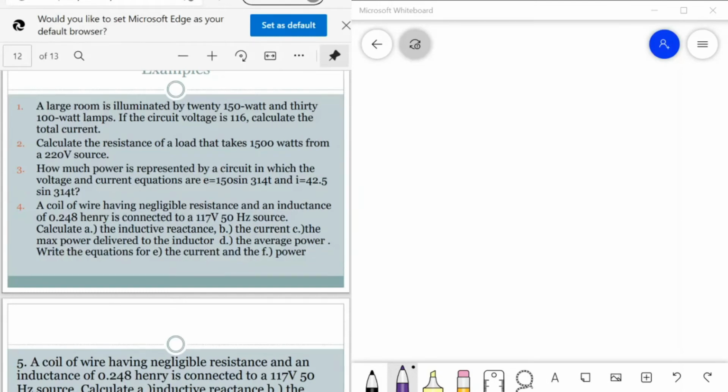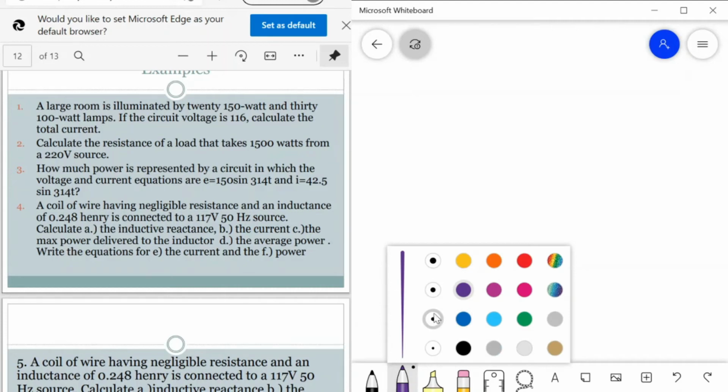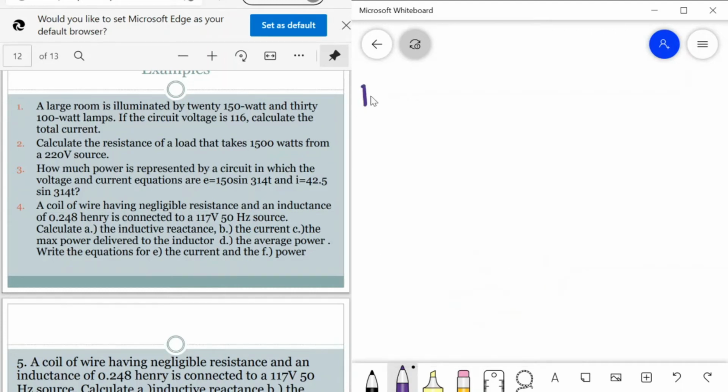Example number 1, a large room is illuminated by 20 150-watt and 30 100-watt lamps. If the circuit voltage is 116, calculate the total current. So number 1, we have 20 pieces of 150 watts. So that is 20 times 150 is equal to our P1.